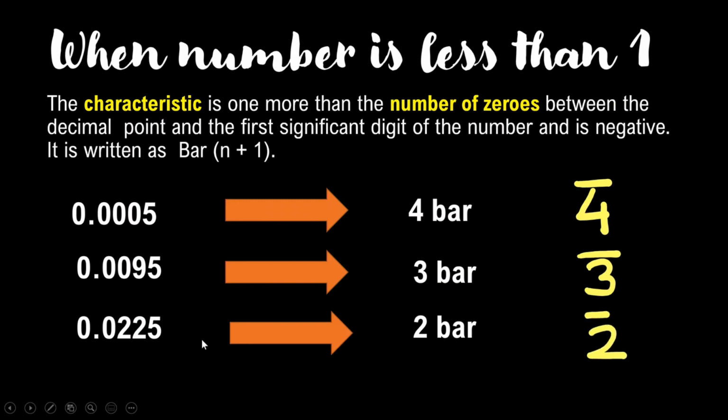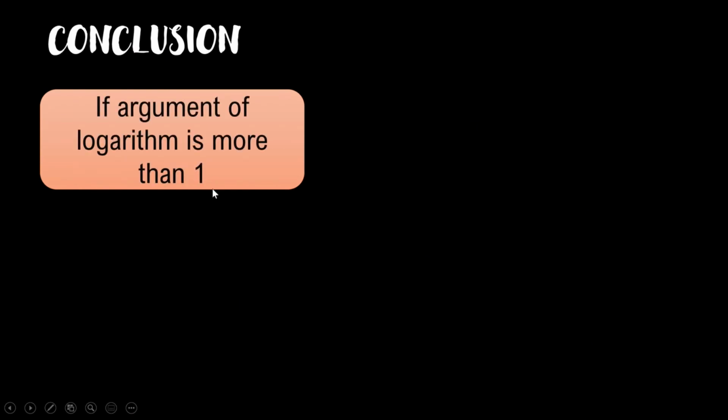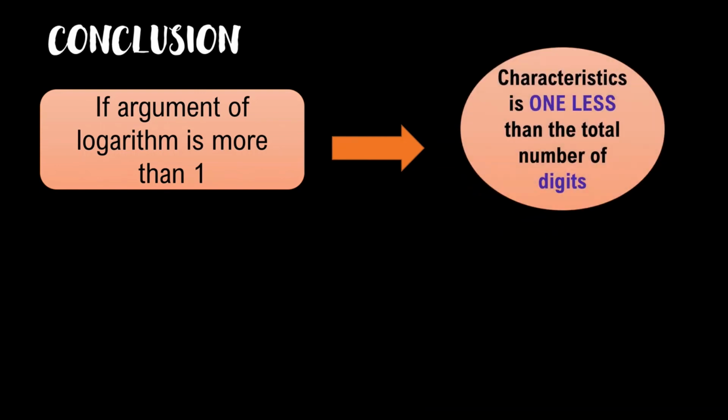So we have learned today that based on the argument, whether it is more than 1 or less than 1, we have developed some solid conclusions. If the argument of the logarithm is more than 1, then even without using the calculator, we can develop the law that the characteristic is 1 less than the total number of digits.